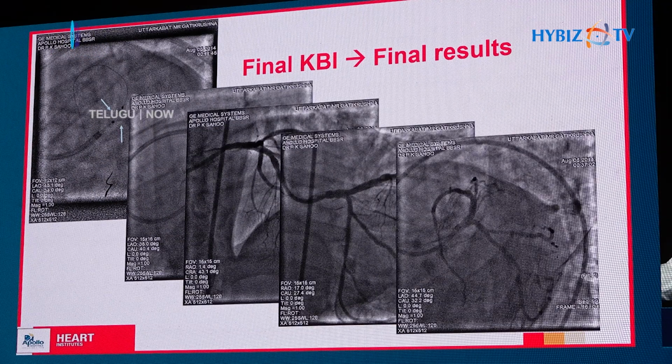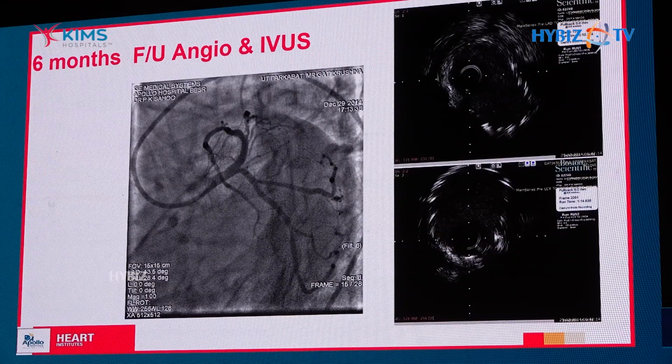So this is a second scenario, a left main subset, where you do a 2-stent strategy for the circ and the LAD to left main. At 6-month follow-up, the LAD is clean, the circ is clean, the carina is totally good, and the left main is also totally sacrosanct, with no restenosis. So this is one situation where you have to go for a kissing balloon dilatation because you have to make a new carina. Now, why do we kiss in this?